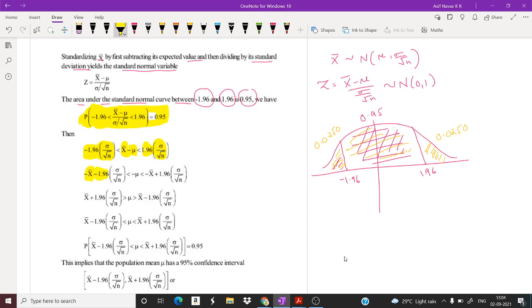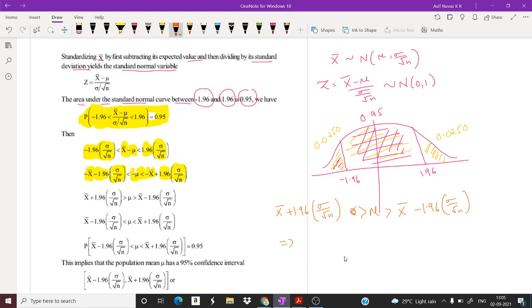If I subtract x bar from here, so therefore you can write x bar plus 1.96 sigma by root n greater than mu. I'm multiplying with minus 1, x bar minus 1.96 sigma by root n.